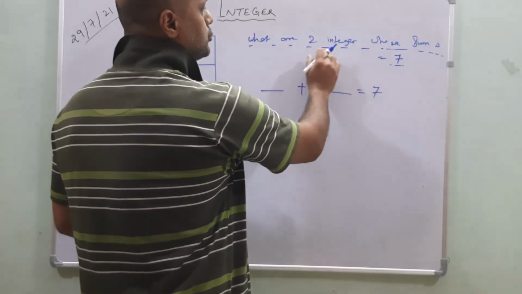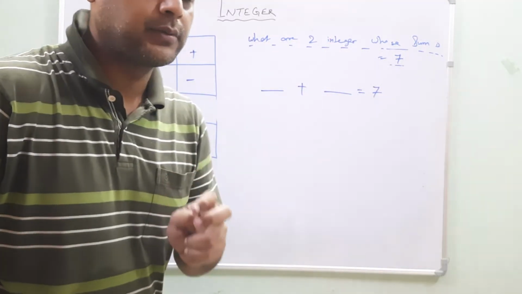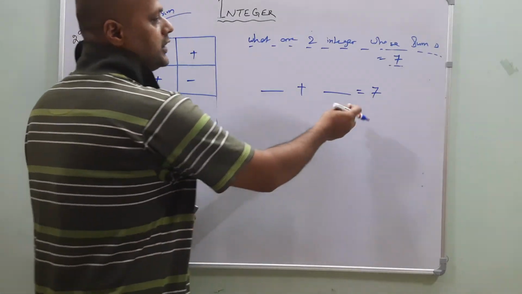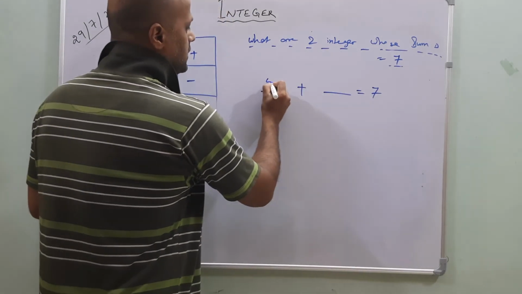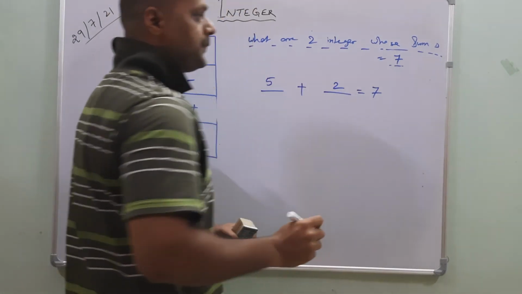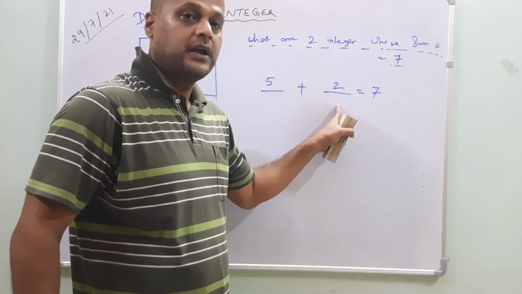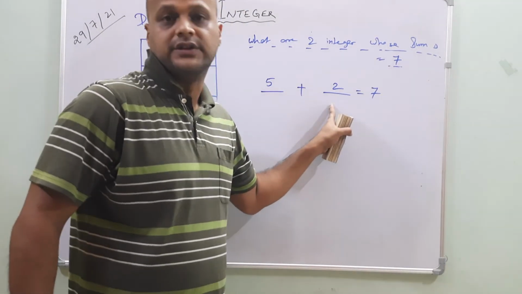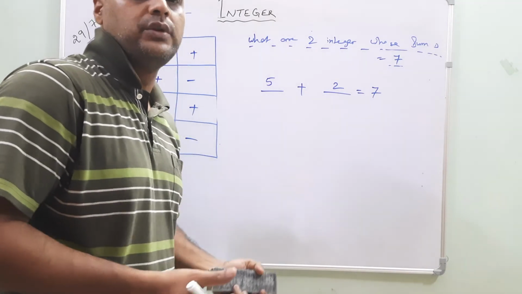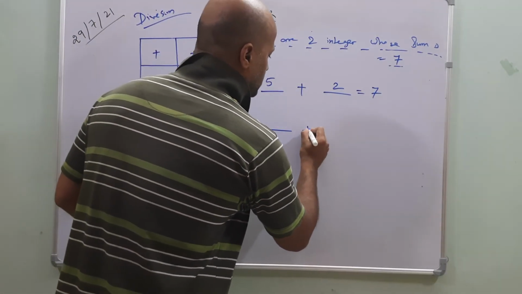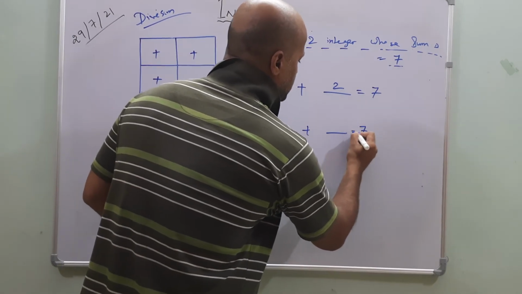So what should I write here? Here it is saying two integers. Is it saying about positive or negative integers? No, it is not. So we can do it. Which two numbers will we add here? 5 plus 2, 7. Both of them are positive integers. If one negative, one positive will be there, what do you have to do?